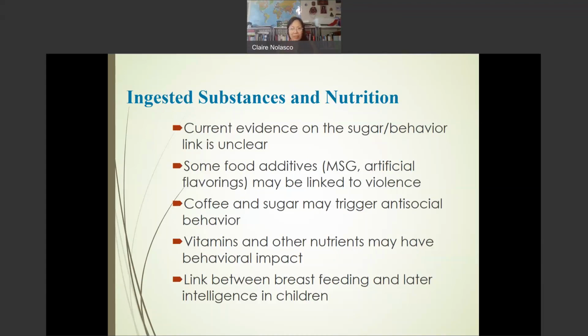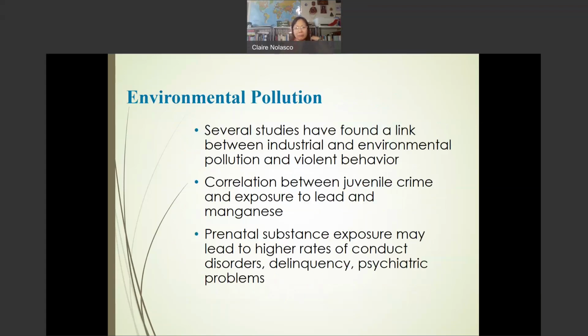Other studies show that food additives such as MSG and artificial flavorings are linked to violence. Coffee and sugar may trigger antisocial behavior. Vitamins and other nutrients may also have an impact on antisocial or conforming behavior. And finally, there is a link between breastfeeding and later intelligence in children.